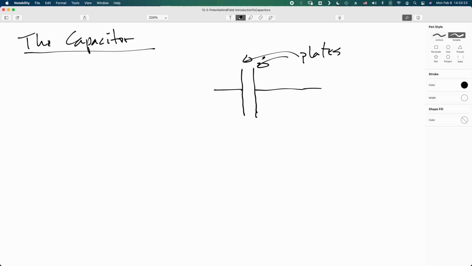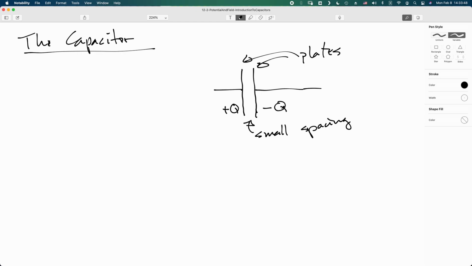And we want the dimensions of the plates to be large compared to the spacing. So this is a small spacing compared to plate size. They will hold opposite charges of equal magnitude. So say if I have a charge of plus Q here, I have to have a charge of minus Q there.